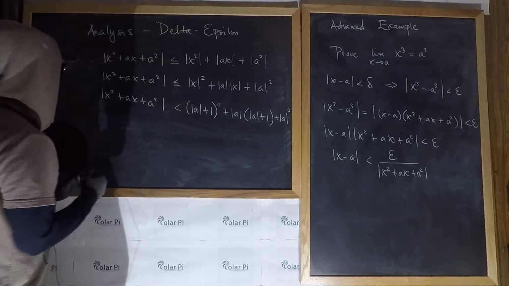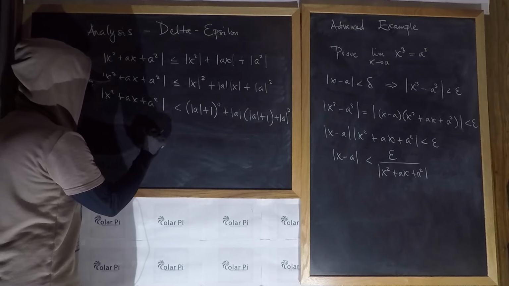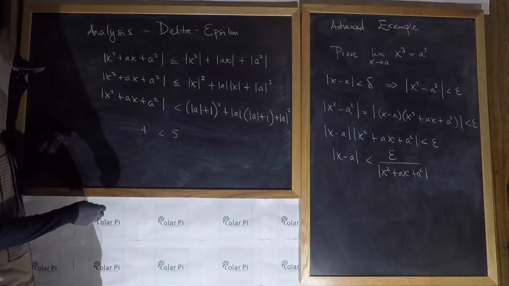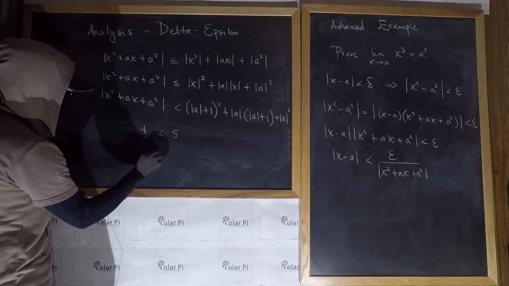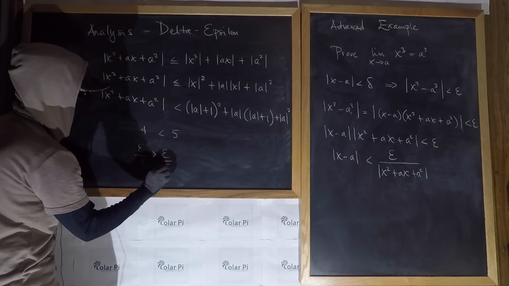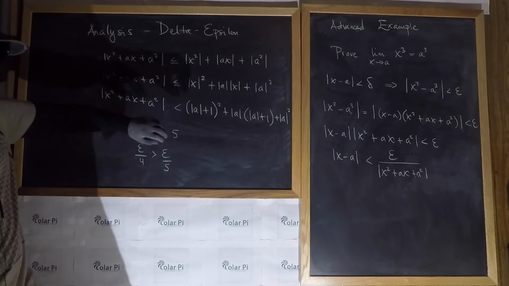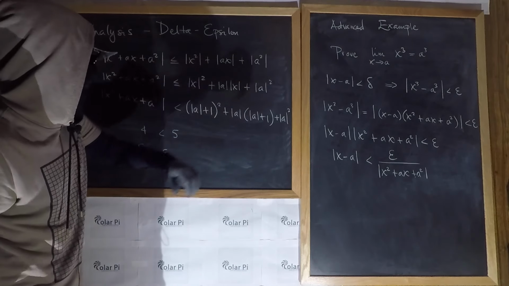Now, this is like saying 4 is less than 5. If we simplify and think about this, epsilon over 4 should be greater than epsilon over 5. So epsilon over this, which is what we have here, will be bigger than epsilon over this.